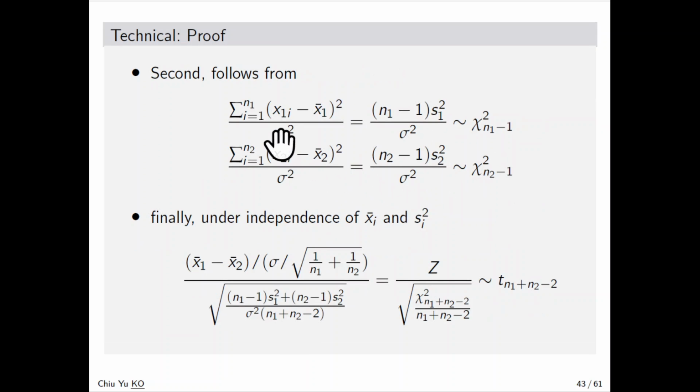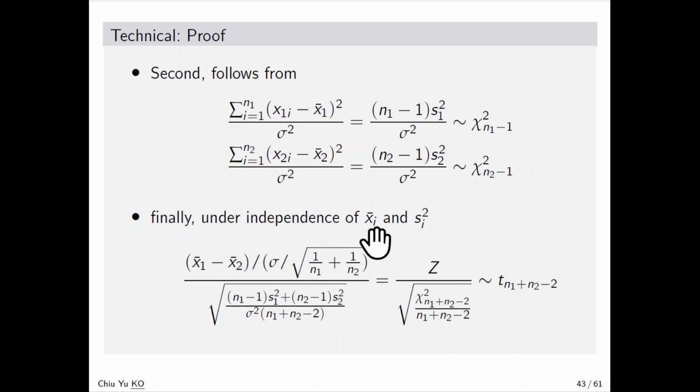It is the sum of squares over sigma squared, since n1 minus 1 times S1 squared over sigma squared. This comes from the previous chapter: n minus 1 times S squared over sigma squared is chi-square with n minus 1 degrees of freedom. The same holds for the second sample, coming from what we learned in the previous chapters.